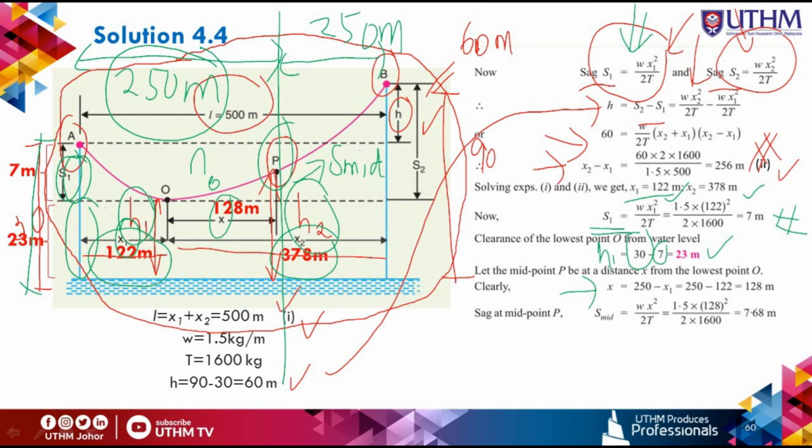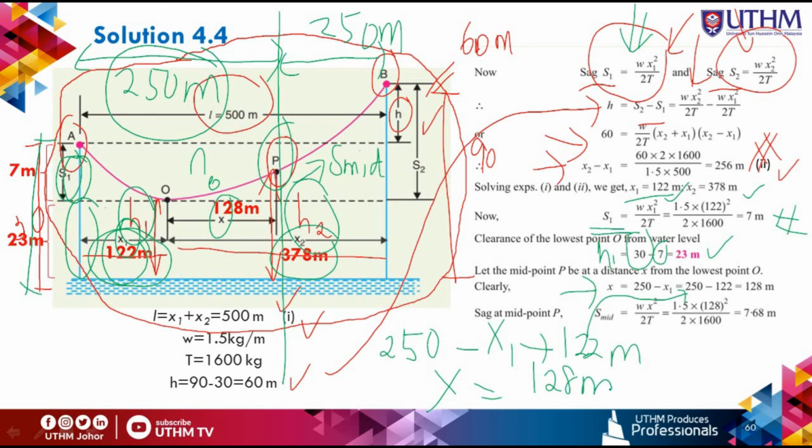You have to minus x1, which is 122 meters. So you can get x is 128 meters here.